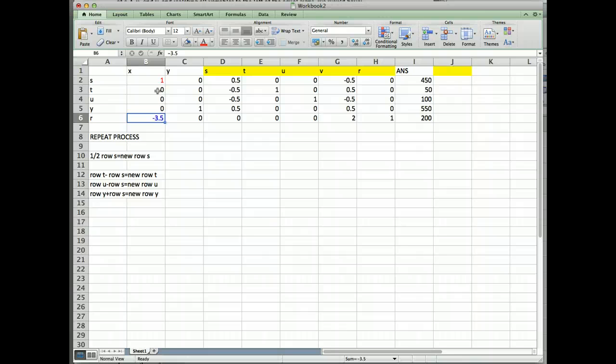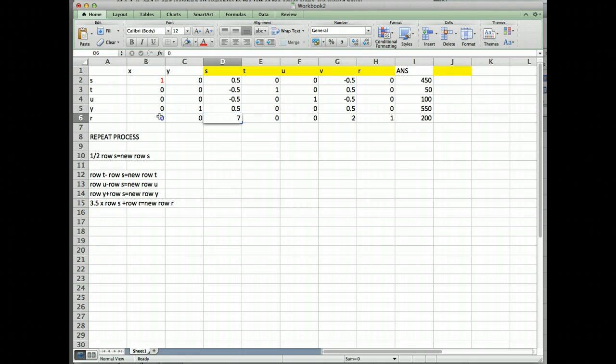The last thing we're going to go ahead and do is look at 3.5 times row S, and we're going to add that to row R to give your new row R. So 3.5 times 1 is 3.5. Those will cancel out to 0.